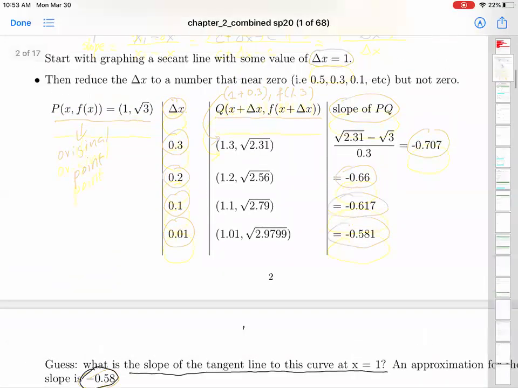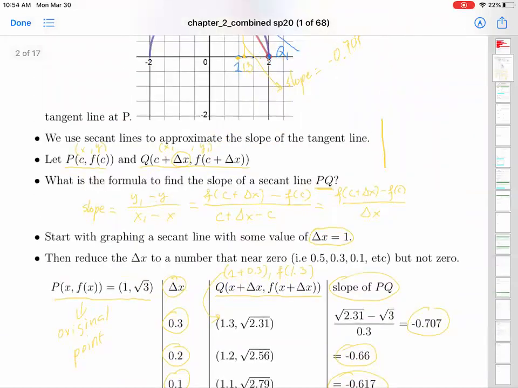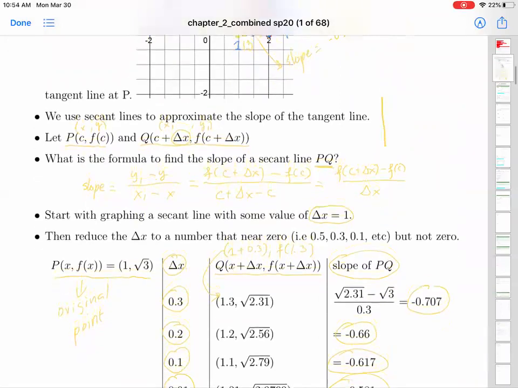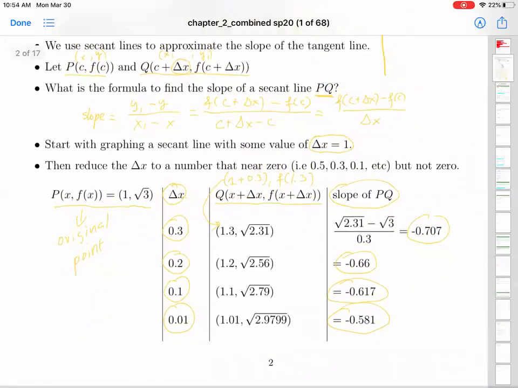So in this example, you can see that finding the slope of a secant line is a topic in pre-calculus. And then you find a bunch of slopes of secant lines where the points are close to each other.